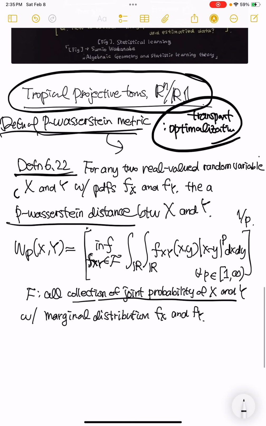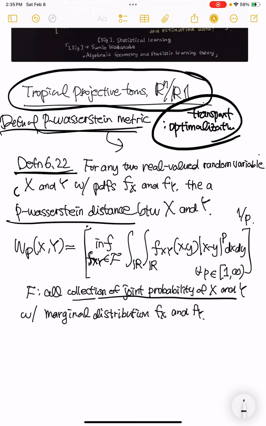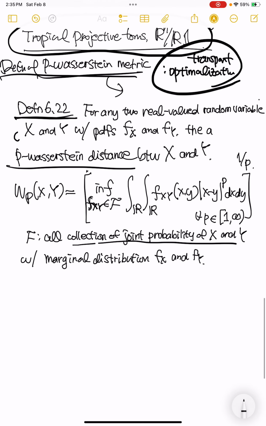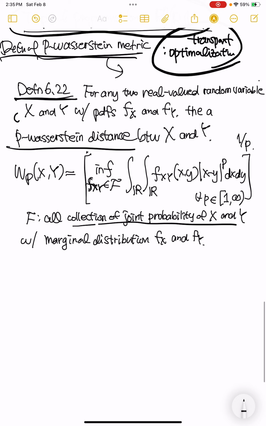It is so abstract, okay, that is natural. It is obvious that the definition is so abstract. About that, as I said, in the next lecture, by introducing the tropical projective torus, I'll explain why this is a reasonable definition as an optimization between two probability functions.